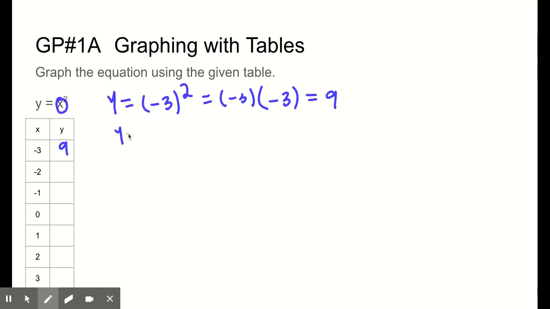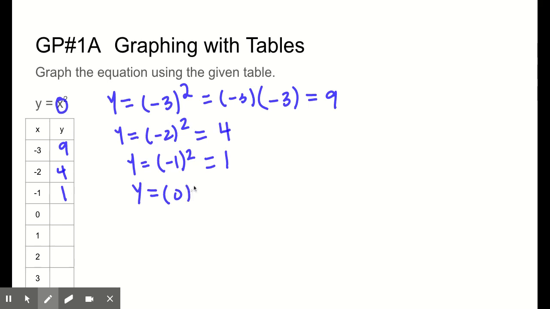Then we have -2, so y equals (-2) squared. (-2) squared is -2 times -2, which gives us a +4. Y equals (-1) squared. -1 times -1 is a +1. Y is equal to 0 squared. 0 times 0 is just 0.